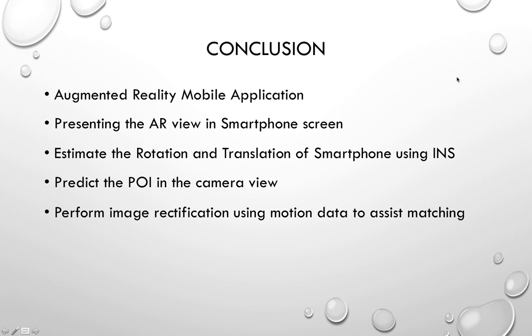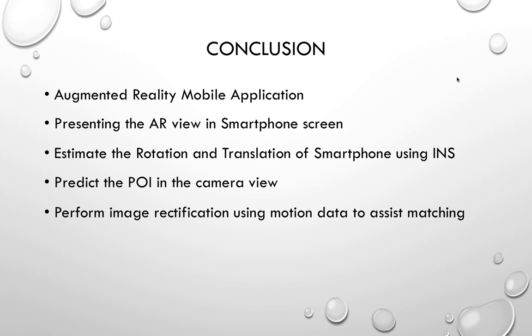So let's have a conclusion. In this project, we talked about augmented reality mobile applications, and we know that augmented reality applications are really exciting. We also talked about how to present the AR view on the smartphone screen. We talked about the intrinsic matrix of the camera and the motions of the smartphone, like estimating the rotation and translation matrix of the smartphone using the inertial sensors.